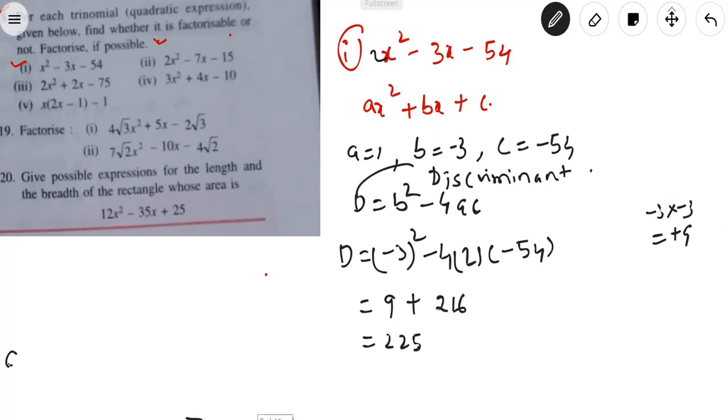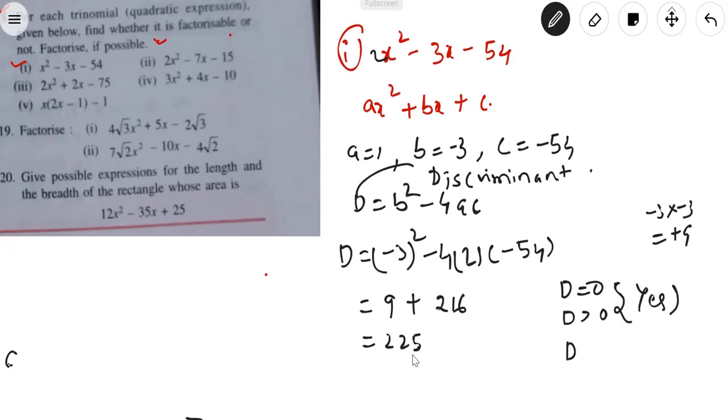So how do you first tell whether it is factorizable or not factorizable? When you get d is equal to 0 or d is greater than 0, if these two conditions are satisfied, then we tell it is yes, it is factorizable.